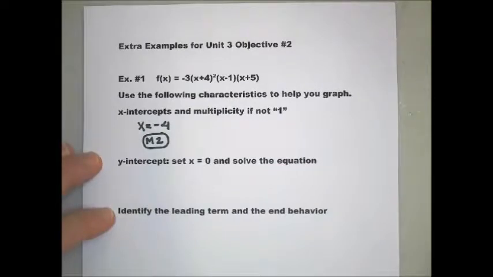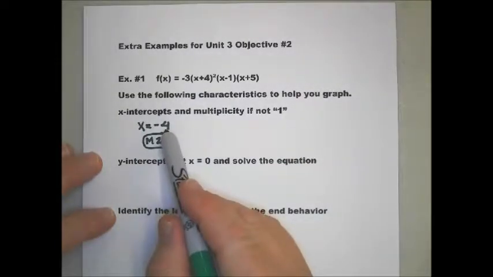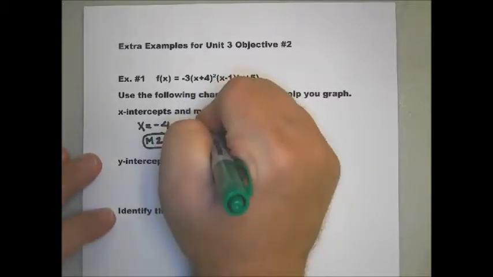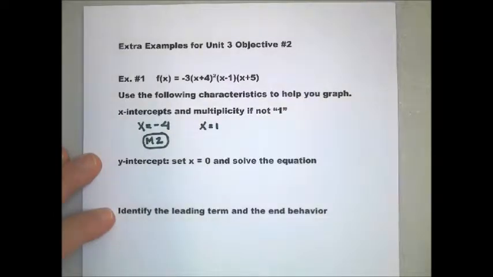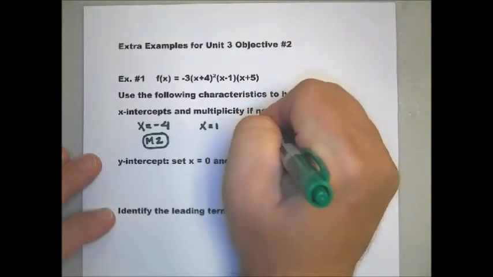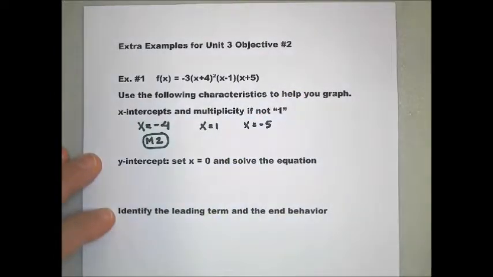Now, all that means is when we go to graph it, we don't pass through -4. When we hit it, we bounce off of it. Now, another one, x equals +1, and another one, x equals -5. And since those two have multiplicity 1, we really don't have to note it.